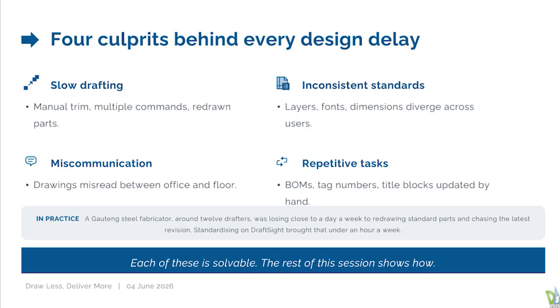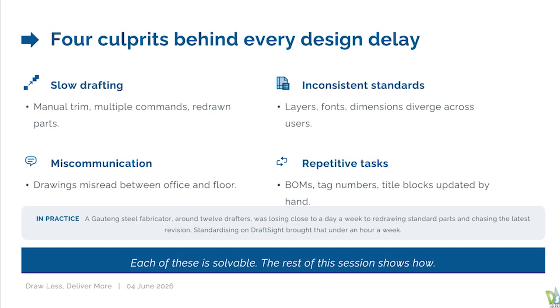In practice, here's an example of a company in Gauteng. They are a fabricator with around 12, actually 13 draftsmen. They've been losing multiple hours on a weekly basis, and it cost them hours on their projects as well. If you equate it in numbers, it can be costly, especially when you are penalized for design delays and project delays. Investigating, it just boils down to standards.